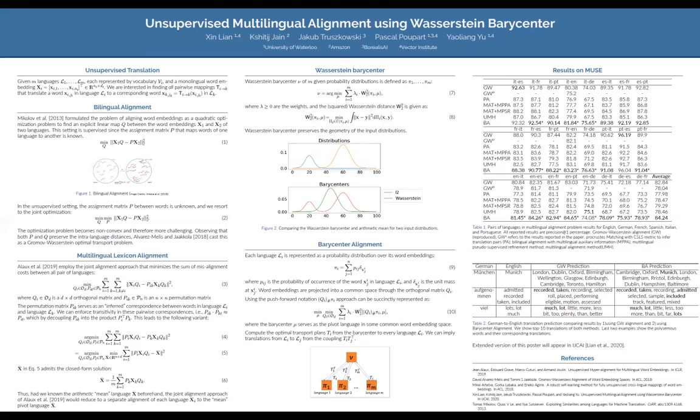By using this, we show that we get state-of-the-art results on a few data sets. Here I'm showing the data on MUSE, the very widely known data set. All the results are in table 1. You can see that our algorithm outperforms most of the current best methods on most of the language pairs, and even on average, it is about 1.5 to 2% better.